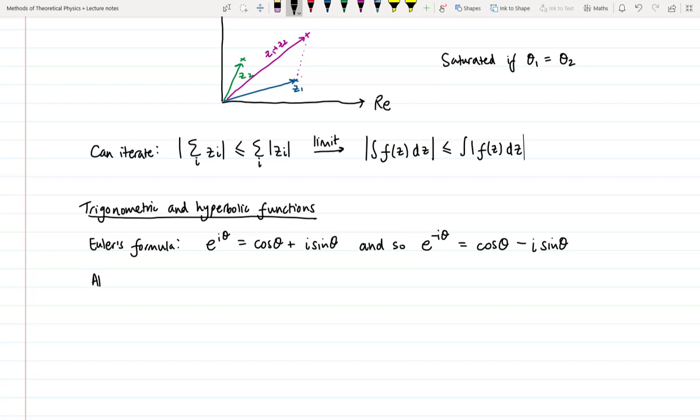This allows us to rewrite cos theta as a half e to the i theta plus e to the minus i theta, and sine theta is 1 over 2i e to the i theta minus e to the minus i theta.